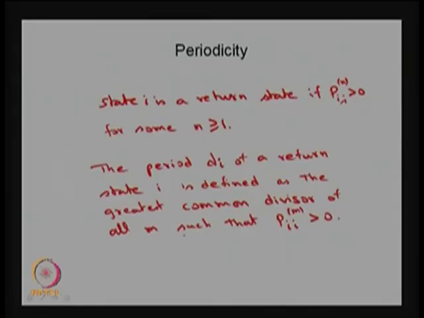You collect all the possible numbers of steps in which you come back to the state with positive probability, and you find the greatest common divisor of those positive integers, then that number is going to be the period or periodicity of the return state. We can write in short: d_i is the greatest common divisor of the collection of m such that p_ii(m) is greater than 0.